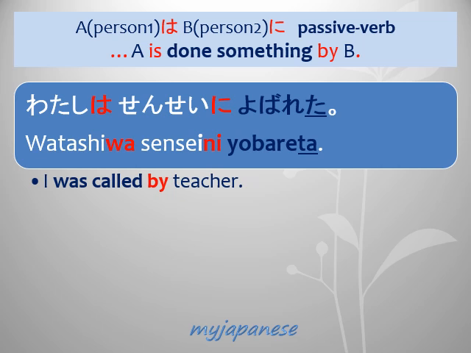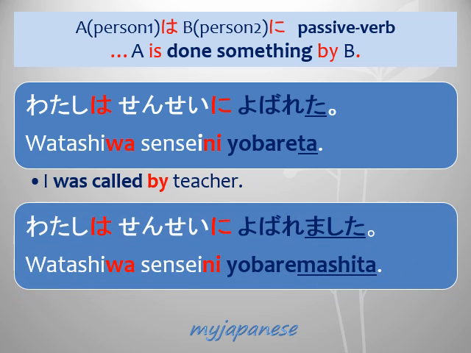As for passive verbs, the stem part is the same. If we say it in a polite way, change the underlined conjugation part from た form to ました, ます form past variation. 私は先生に呼ばれました。I was called by the teacher.